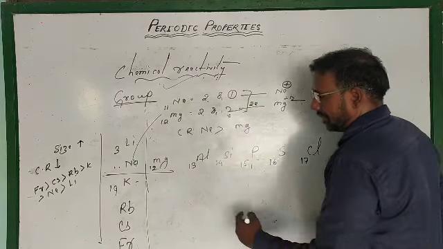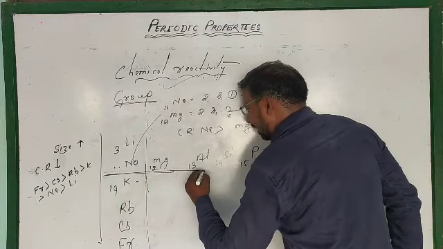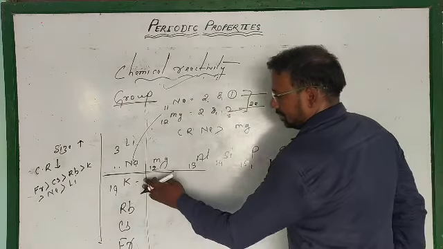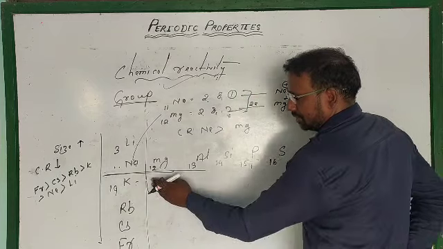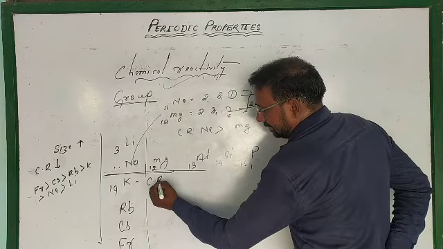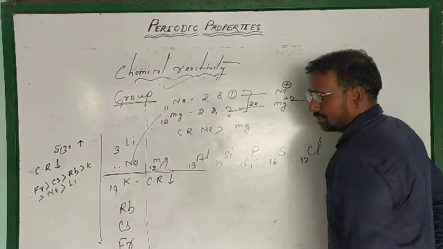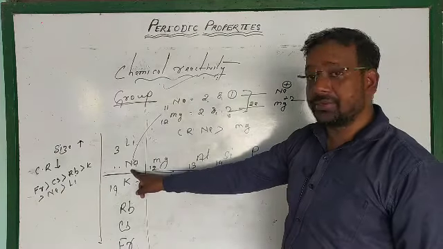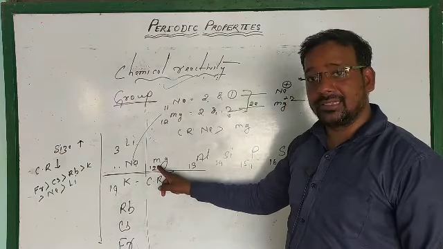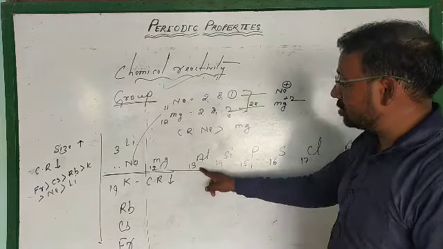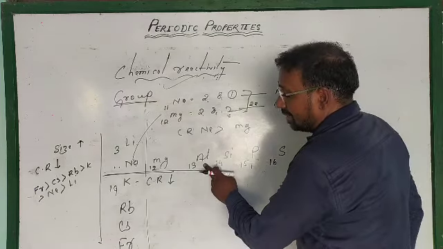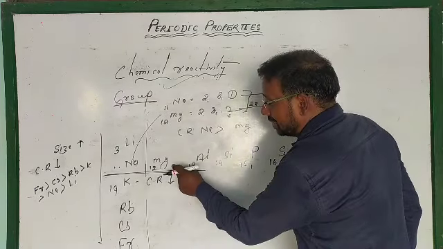magnesium. And here you can write that when we are moving till aluminum, chemical reactivity decreases. The chemical reactivity of sodium is greater than magnesium, and magnesium is greater than aluminum. Why does aluminum have less chemical reactivity than magnesium?